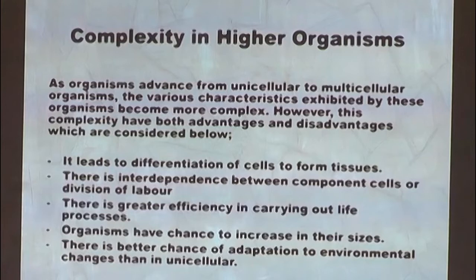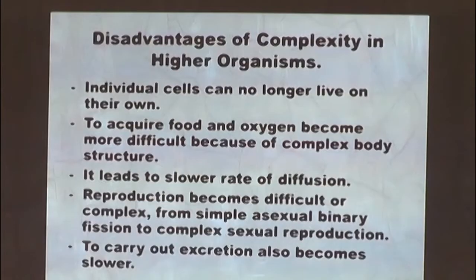But now that they are advancing into multicellular, they begin to increase in size and space. There is a better chance of adaptation to environmental changes than in unicellular organisms. Because of complexity, multicellular organisms are able to adapt better to environmental changes than unicellular organisms.